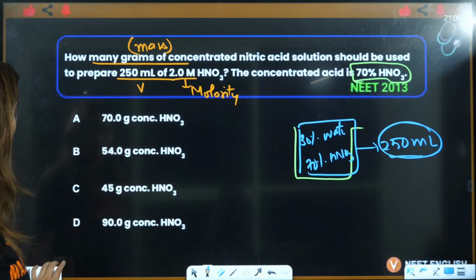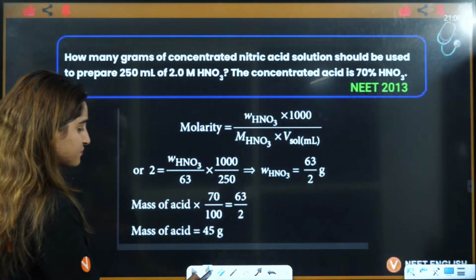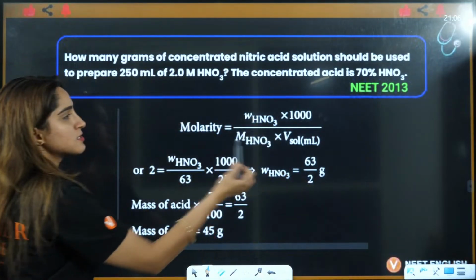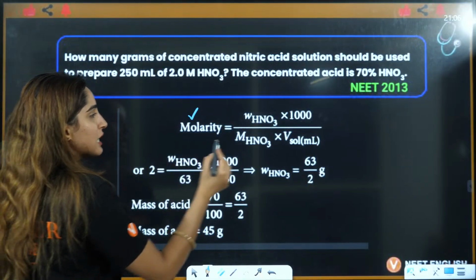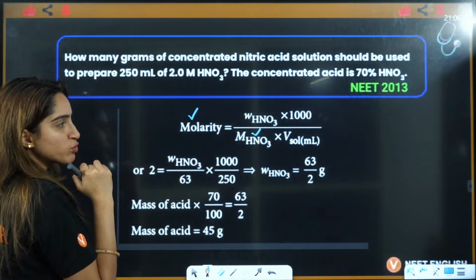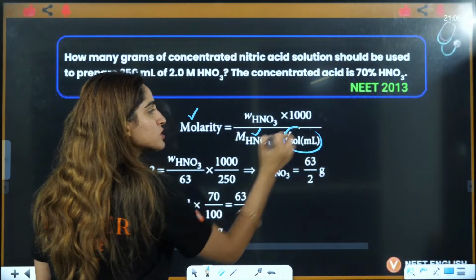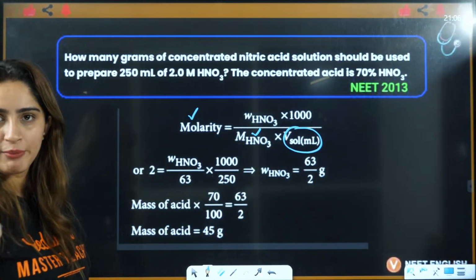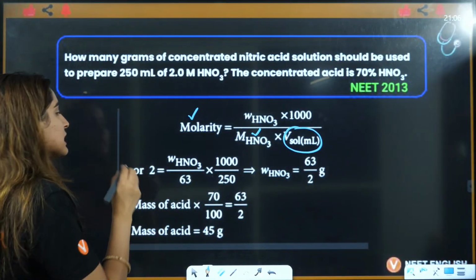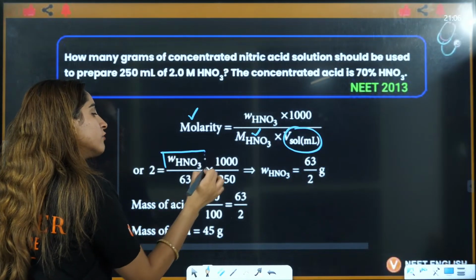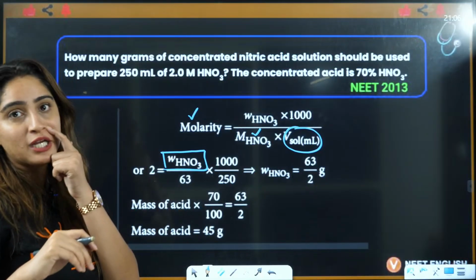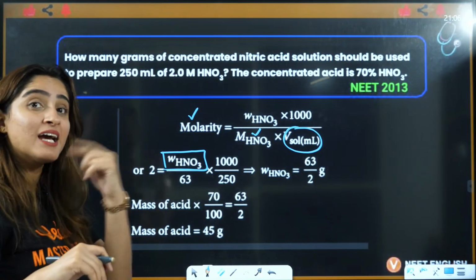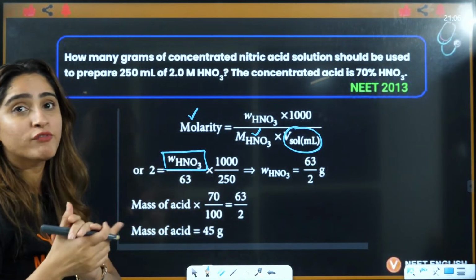So let's solve this here. First thing is, this is the formula of molarity. Molarity you know, molar mass of HNO3 you know, volume of the solution you know, this is 250 milliliters. Now, from here, can I find the weight of HNO3? Weight of HNO3 now I have. And they are saying that 70% of that you have to use.